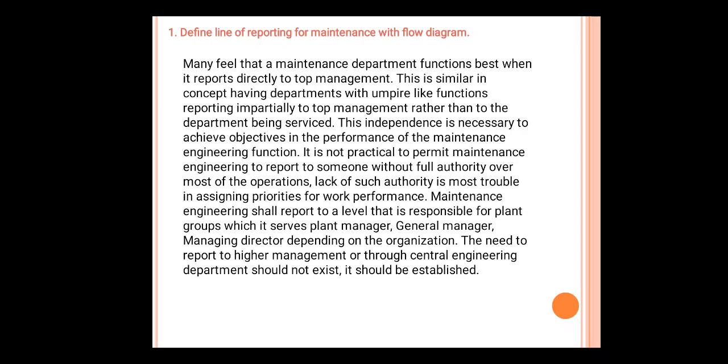That should take permission from top level management, and only then is it easier to buy that part. That kind of work that takes place is nothing but the flow diagram. You can write it in your own words, no problem. So this is all about defining the line of reporting for maintenance with flow diagram.